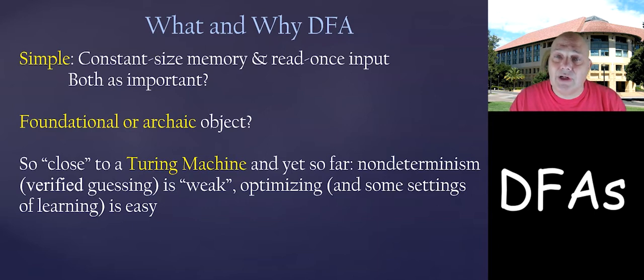Similarly, we'll be able to show that you can optimize DFAs. You can compute the best DFA, the smallest DFA for any particular language. These are things that you can do with the DFA that you cannot do with general Turing machines.